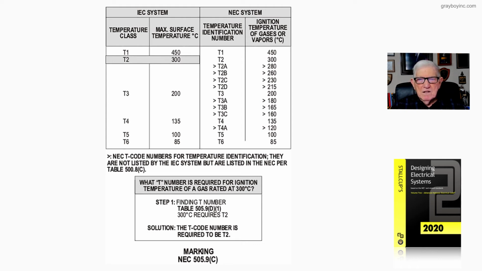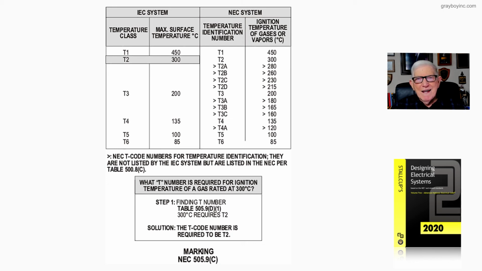And then as an example, see, if we're using table 505.9D1, and we have a T-code letter, and the ignition temperature of that gas is rated at 300 degrees C, then notice table 505.9D1, 300 degrees Celsius requires a T2. Or you can say, well, if I got a T3, that'd be at 200. You see how much lower you are. So you could actually use this one here.